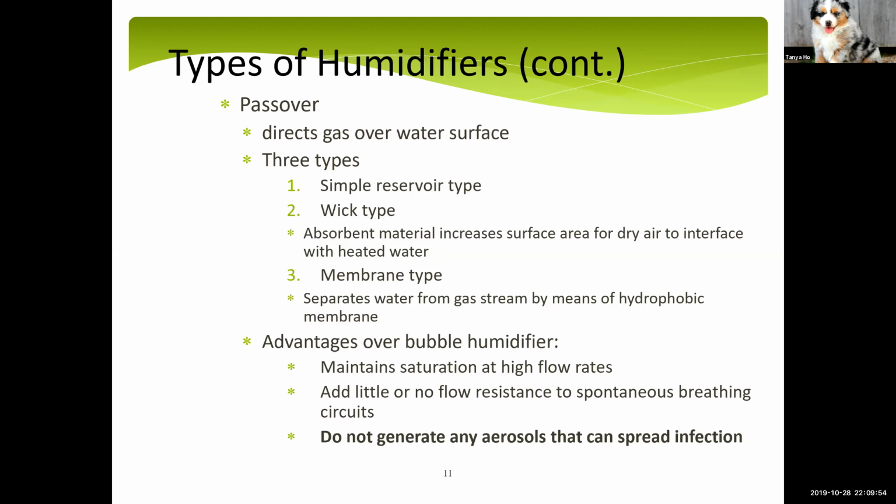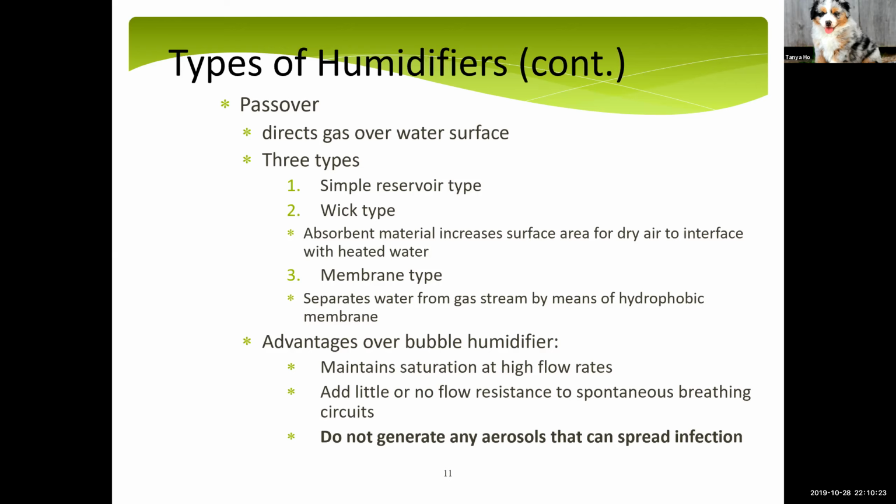Whereas the bubble humidifier at higher flow rates becomes less effective because of the reduced contact time. That doesn't really happen in a passover type because you can increase the surface area and the thermal mass, because again, it's like a holding chamber. It's like a little bucket with water that sits in it, and then the gas is allowed to flow in and flow over, okay?